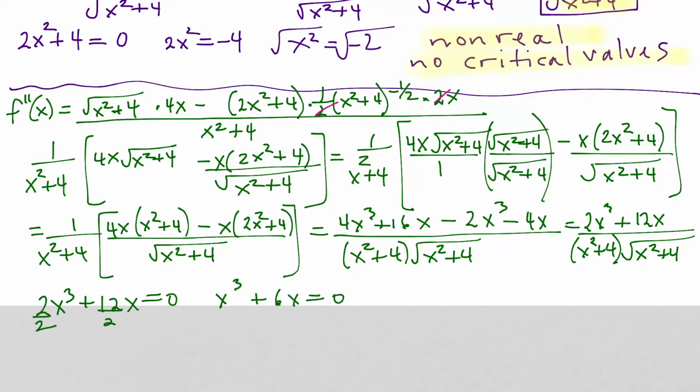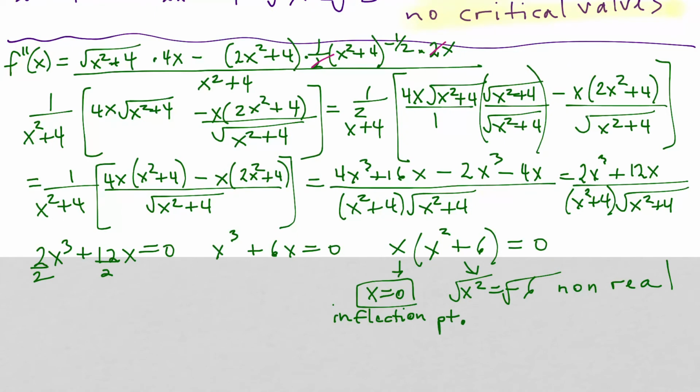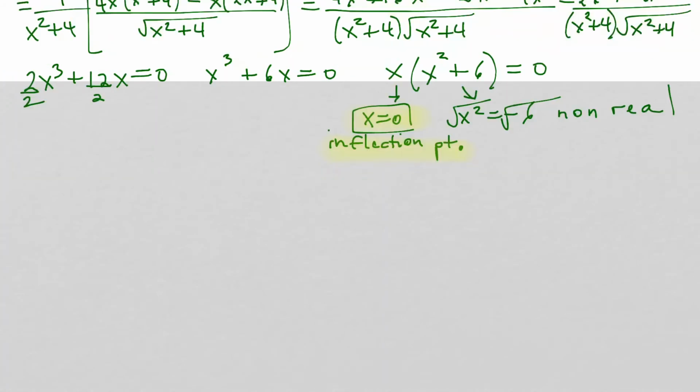If I factor that, I'll get x times (x squared plus 6) is equal to 0. So x equal to 0 would be one inflection point. x squared is equal to negative 6, and I'm going to get non-real again here, so that won't be anything. So I've got one inflection point here, and that's x equal to 0. All right, so I have no critical values and one inflection point. Now I'm going to draw my number line.